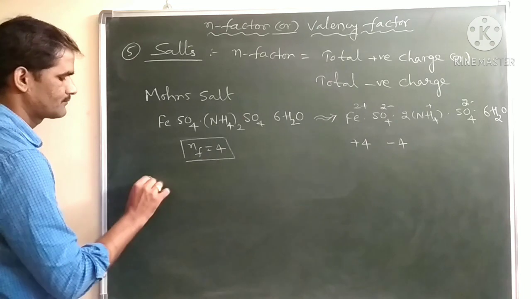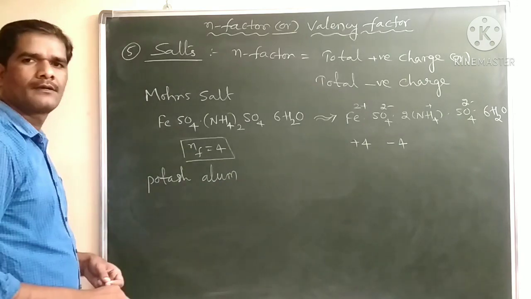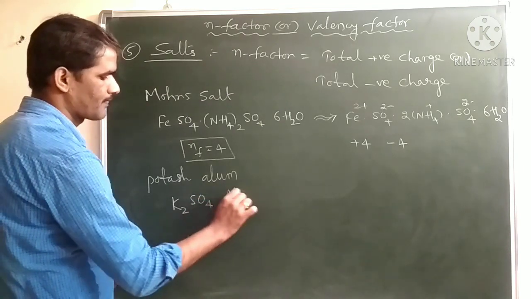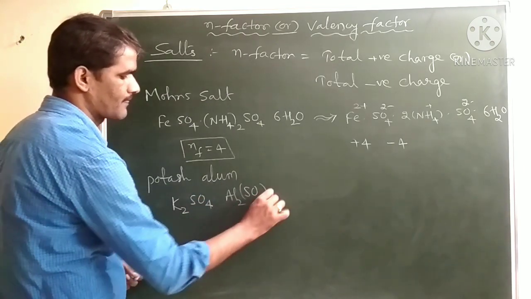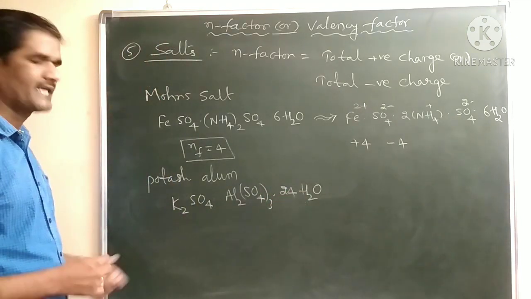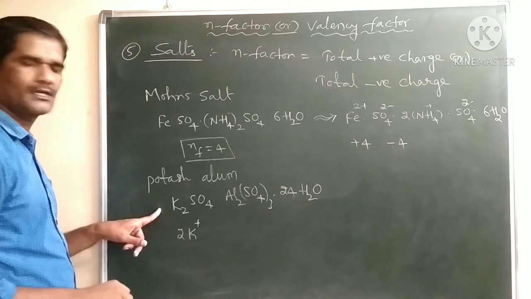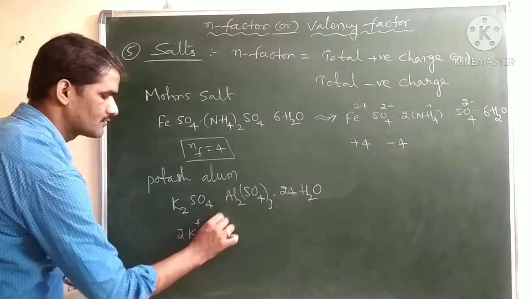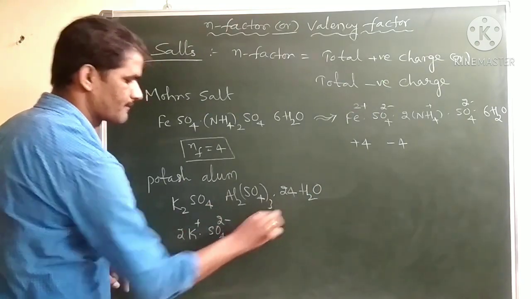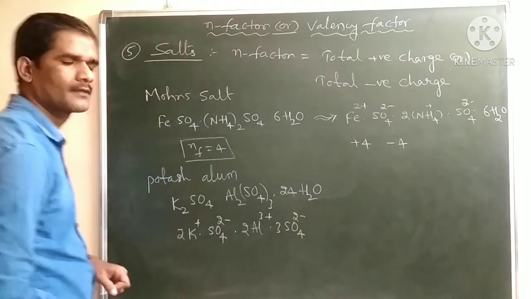Similarly, potash alum. What is the chemical formula? Potassium sulfate, aluminum sulfate, 24H2O. What is the N factor of this potash alum? It exists as 2 K plus, 2 potassiums, 1 sulfate, and 2 aluminiums, 3 sulfates, and water as it is.